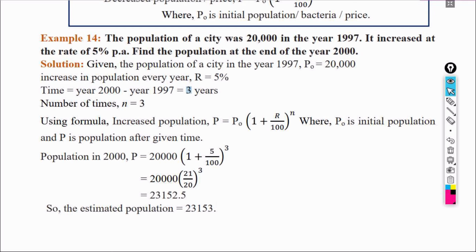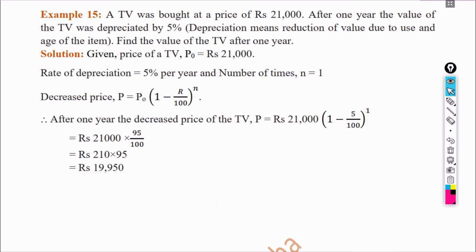Now let us come to the very last example before the exercise, example 15. It is a different type, the case of depreciation. A TV was bought at a price of rupees 21,000. After 1 year, the value of the TV was depreciated by 5%.